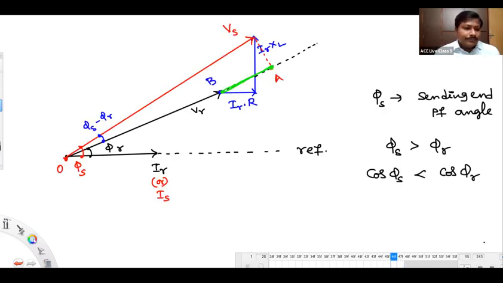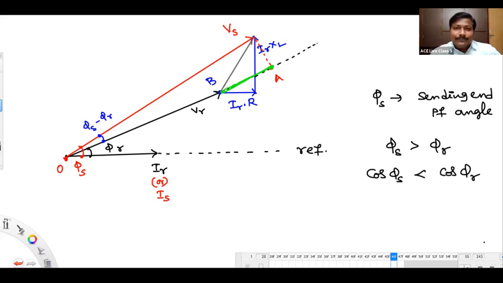Next, let's look back here. I'm showing one more line. Just observe. This is that line I am showing here. And what is this line length you can experience?